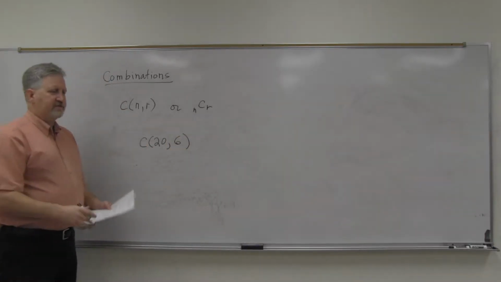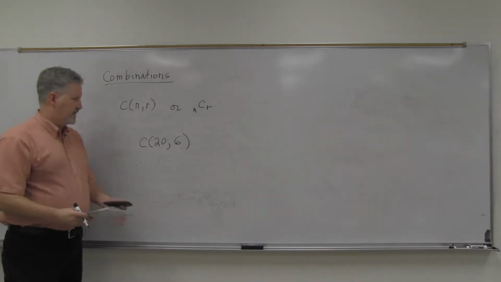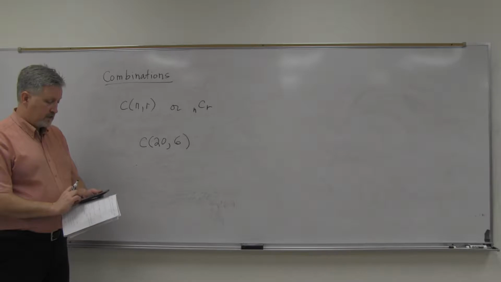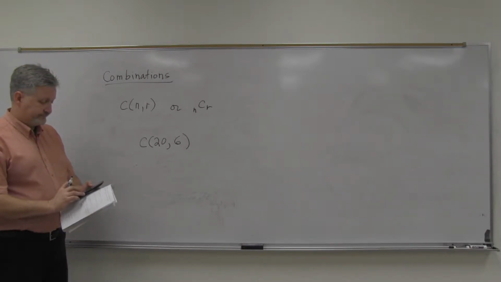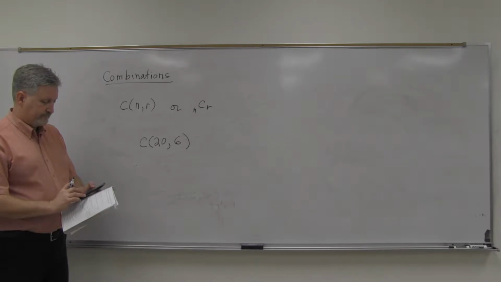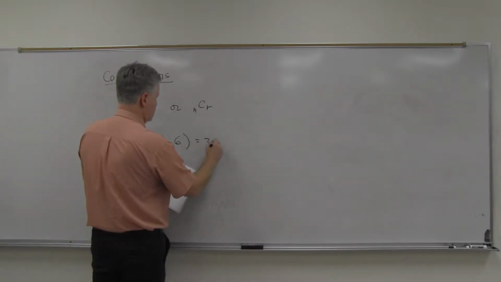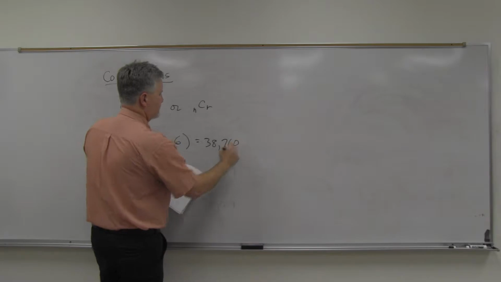Now, let's just calculate a combination here. Combination of 20 choose 6. That's 38,760.